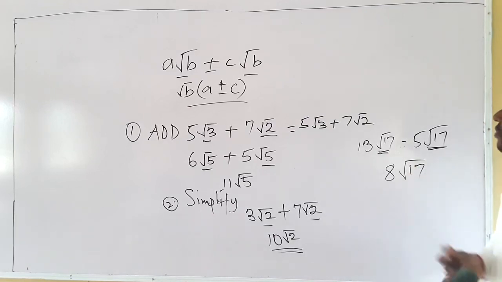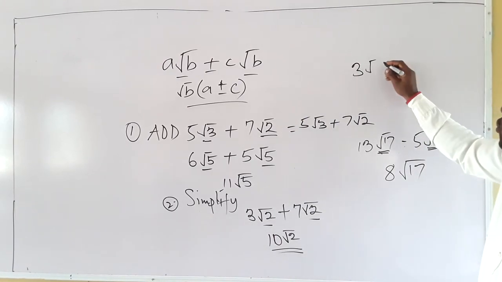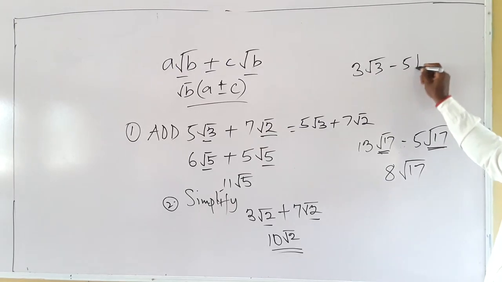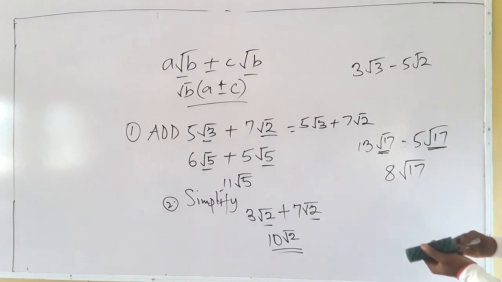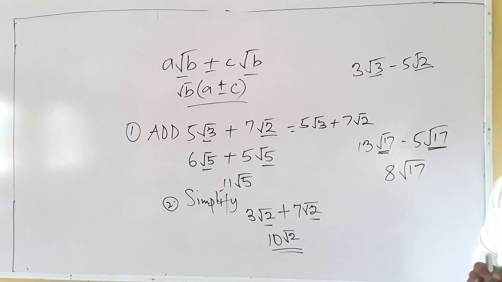Now if you have, say, 3 root 3 minus 5 root 2, these two surds cannot be subtracted, because the numbers under the root signs are not the same. So they can't be combined.